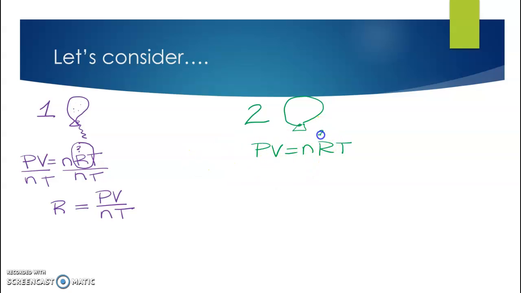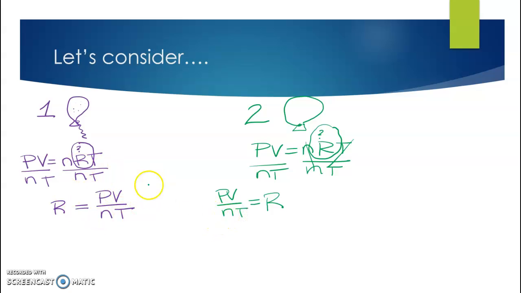So could I still solve for R in my new situation? Of course. I could divide out n and T on both sides, so I get R equals PV over nT.